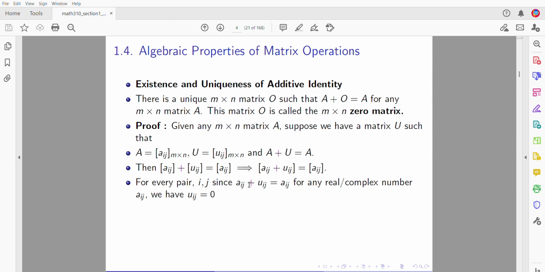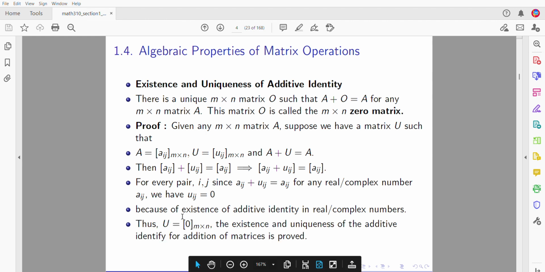Well, among real and complex numbers, the only way this can happen is when every Uij is 0. This happens because of existence of additive identity in real or complex numbers. That is, the matrix U has to be matrix of zeros. This is the existence and uniqueness of additive identity for addition of matrices.